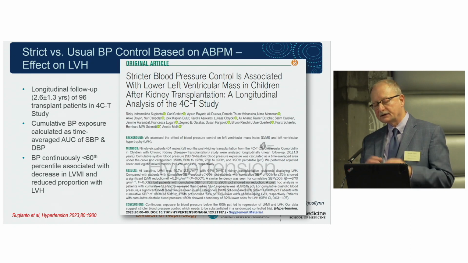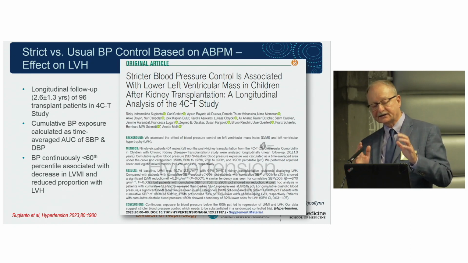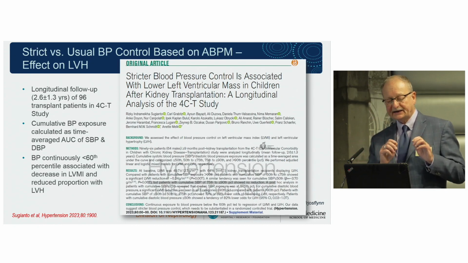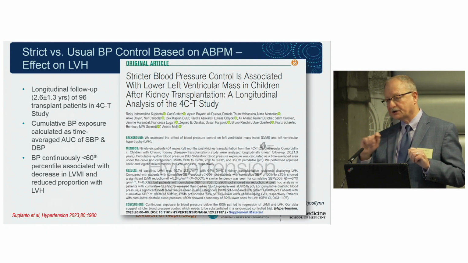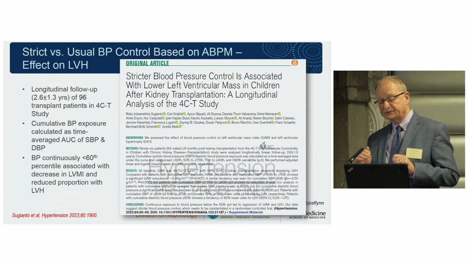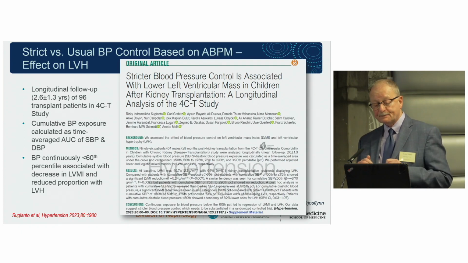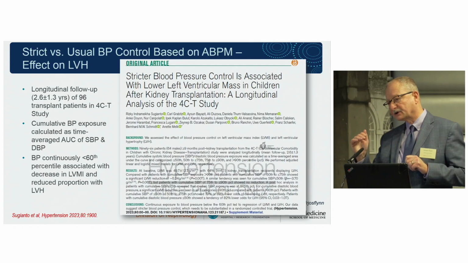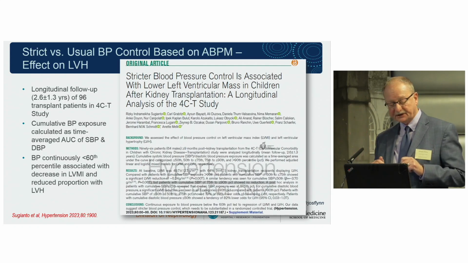They did something really interesting. They looked at blood pressure area under the curve, calculated for systolic and diastolic blood pressure, and they also have been doing ABPM-guided management of their patients.